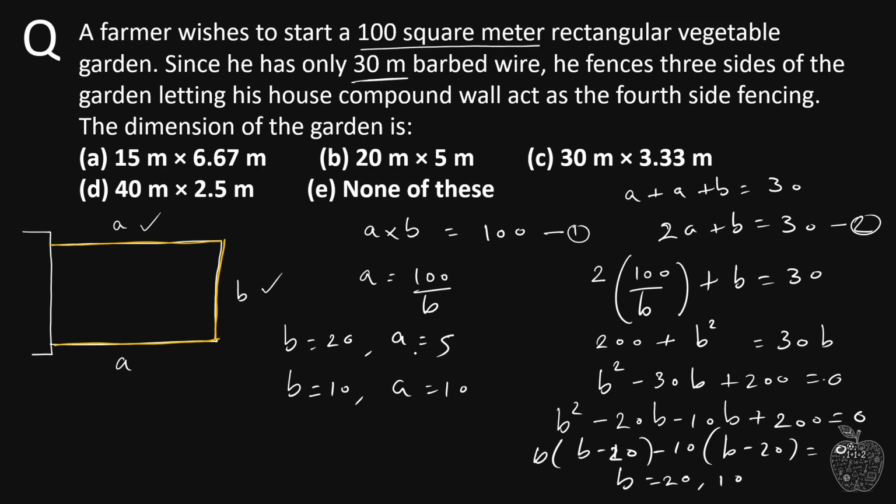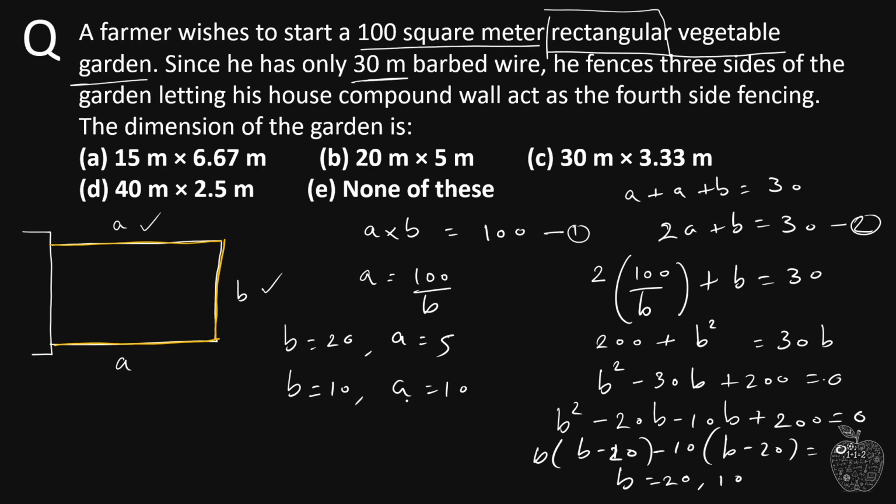So both these values can be correct, but which of these two is the correct one? If we look at the question carefully, a farmer wishes to start a rectangular vegetable garden. Here it is clearly mentioned that it is a rectangular vegetable garden.